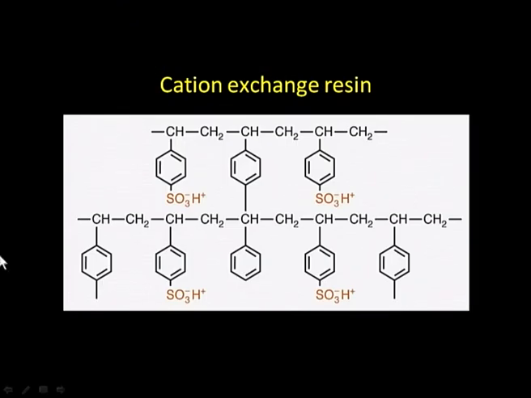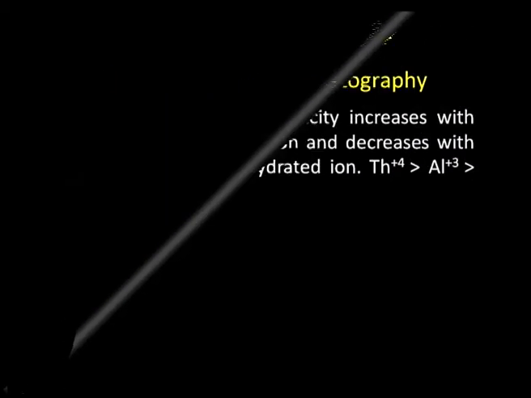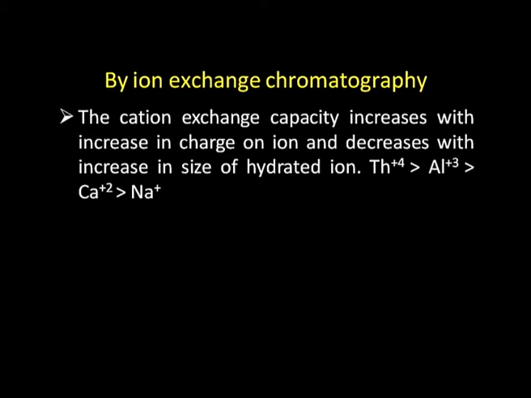This is the structure of the cation exchange resin, with the sulfonic group containing the hydrogen ion which gets exchanged. The cation exchange capacity increases with increase in charge on the ion, and decreases with increase in size of the hydrated ion. Thus, thorium in the +4 oxidation state has a better capacity as compared to aluminum, calcium and sodium.